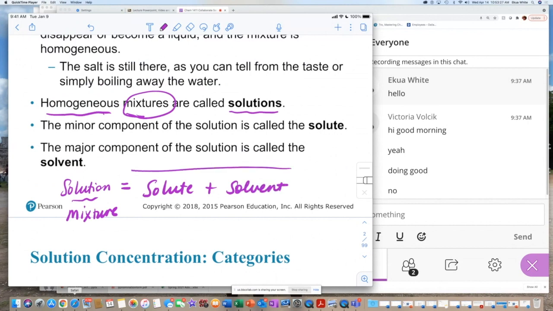So you add these two reactants that are labeled a solute and a solvent, and you end up with a solution, which is a mixture. They tell you the solute is the lesser amount, and the solvent is the one that you have greater amount.